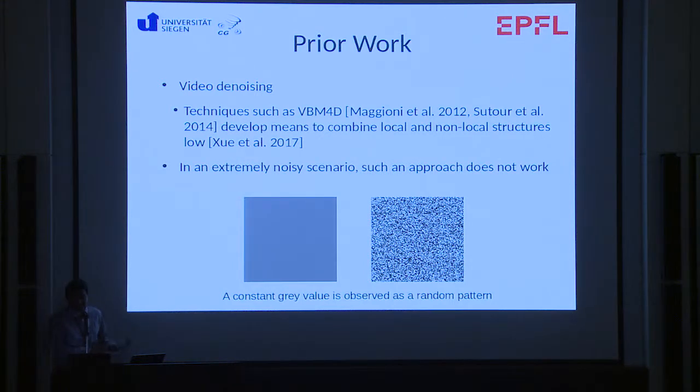And there are some priors, or prior knowledge, which is assumed to solve the denoising problem. But as you can see, such prior knowledge would not be useful in such a scenario. Even if you have a constant gray level, the reading would be something like this. In such a case, imposing any prior constraints would not make much sense.